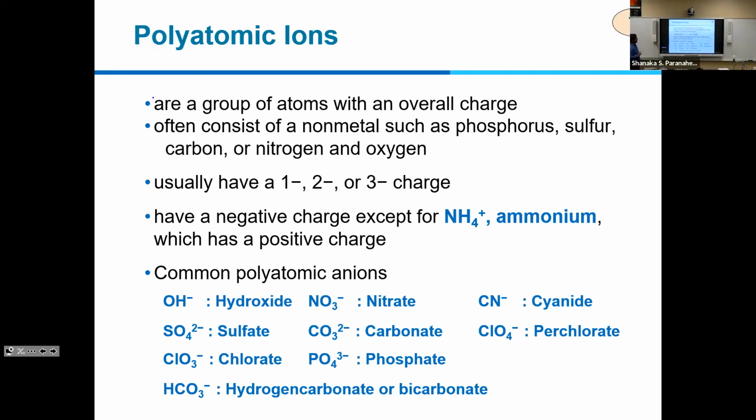A group of atoms with an overall charge or net charge often consists of a nonmetal such as phosphorus, sulfur, carbon, nitrogen, oxygen, hydrogen. They usually have -1 to -3 charges. There's only one polyatomic cation, which is NH4 plus, and these are the 10 selected polyatomic ions.